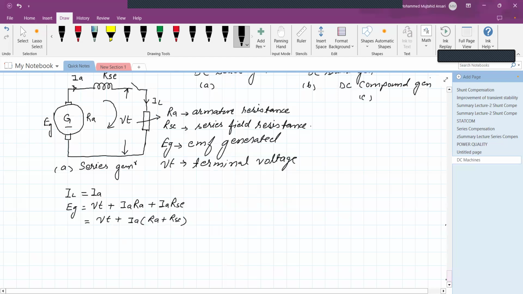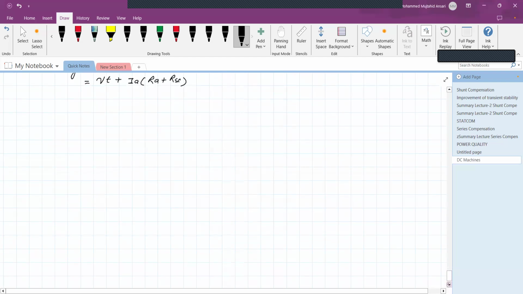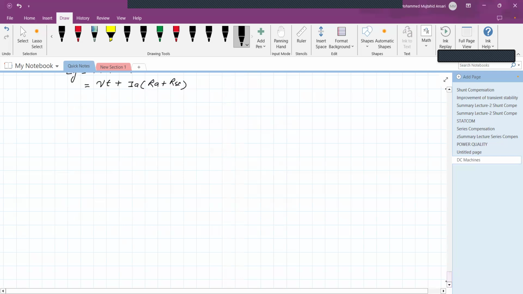Second is the shunt generator. As the name itself suggests, the armature winding and field winding are connected in parallel.